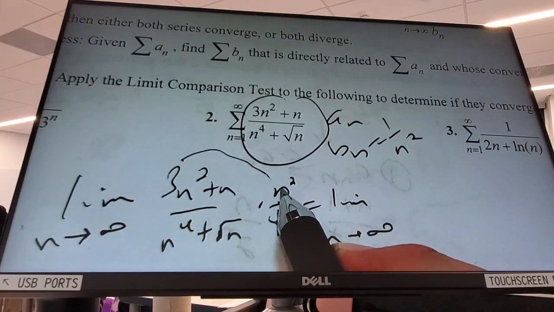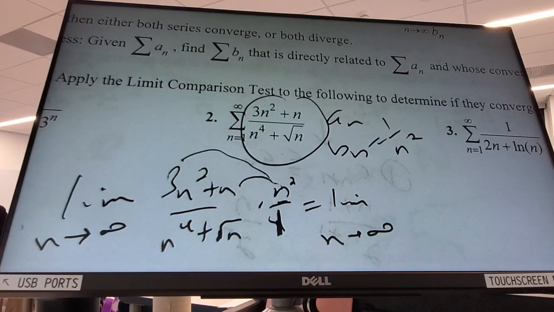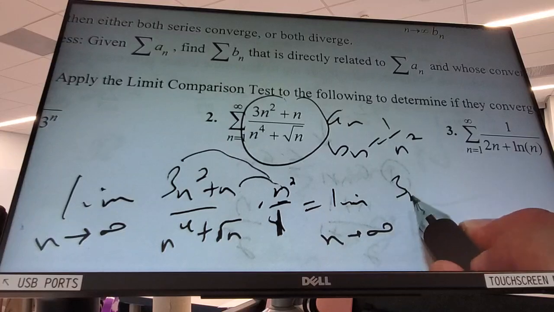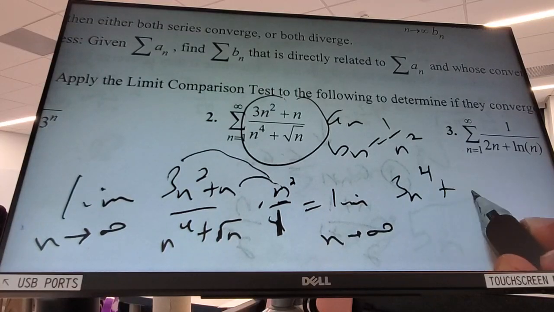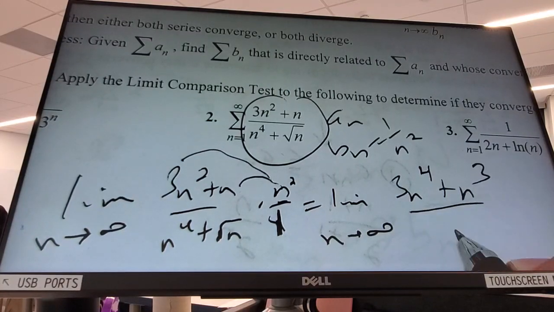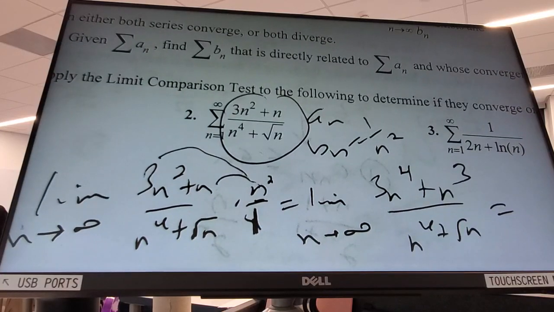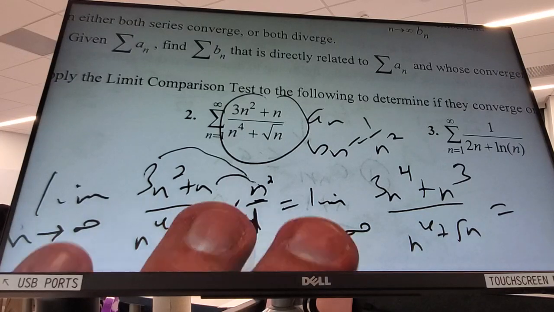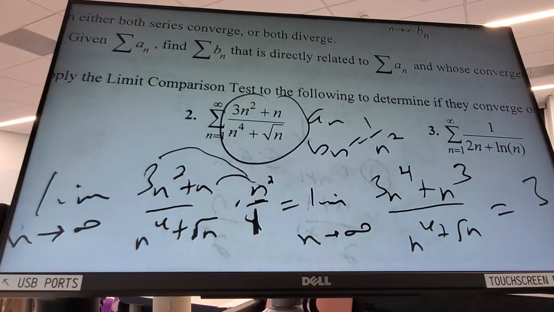Heap up, heap up. 3n to the 4th plus n cubed over n to the fourth plus square root of n. And can somebody tell me very quickly what that is? You can do it. 3. The degrees are the same, yes? That is 3. So what's the result say then?